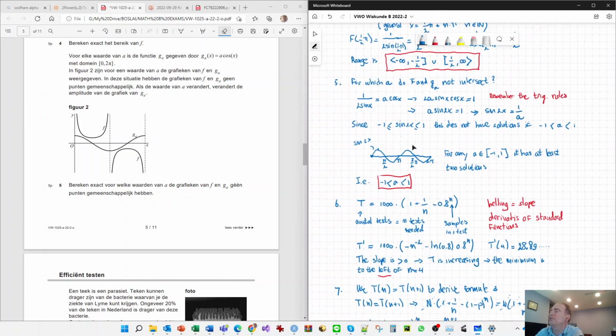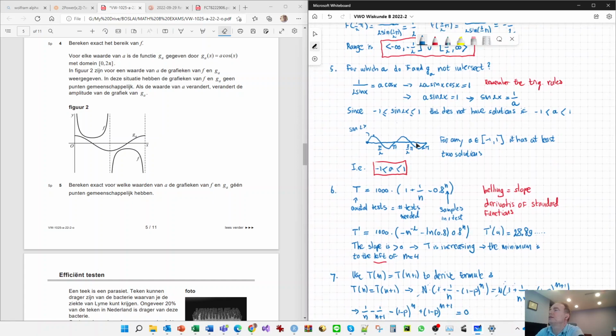Well, the best approach here is just calculate the intersections where these functions cross and just demand that there are none. So just set the functions equal. So 1 over 2 sine x is equal a cosine x.